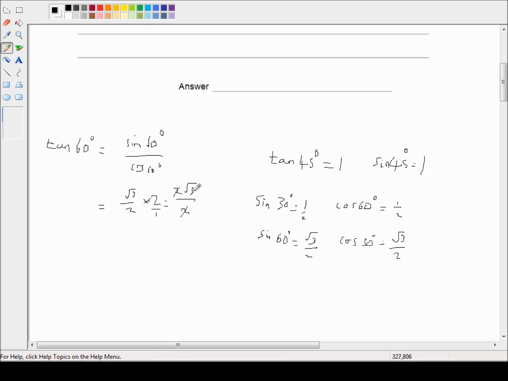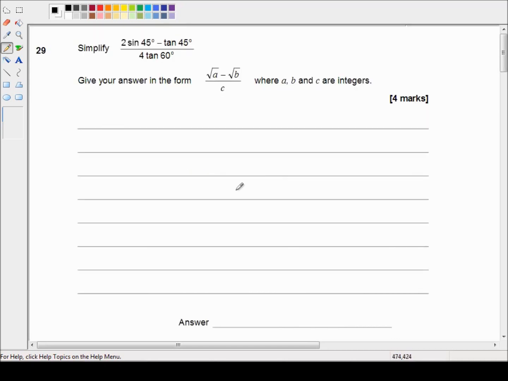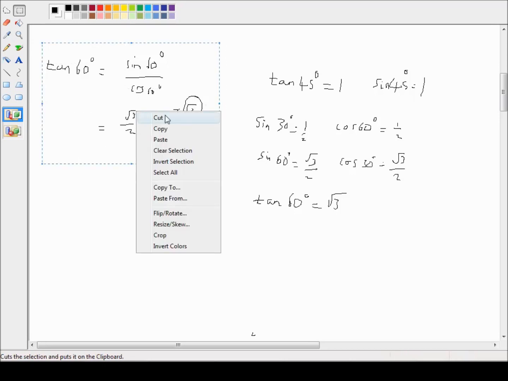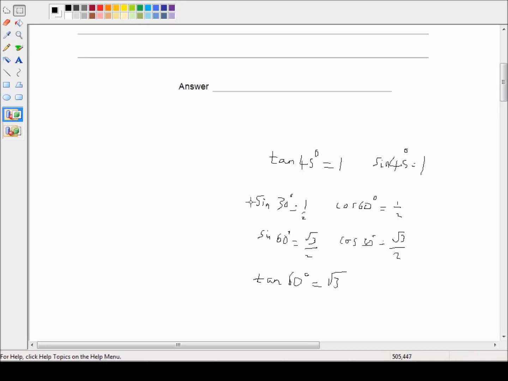The 2's cancel, and we're just left with root 3. So the tan of 60 degrees is equal to root 3. Now you could have saved yourself an awful lot of time if you already knew that before going into the exam, but you can work them out from first principles if you've got time.